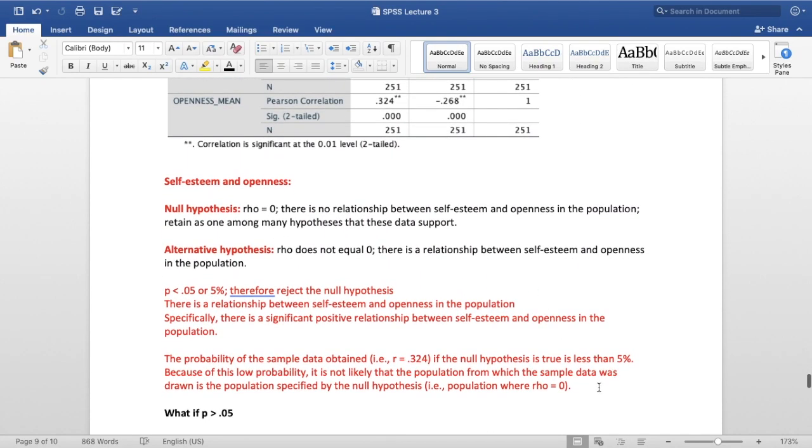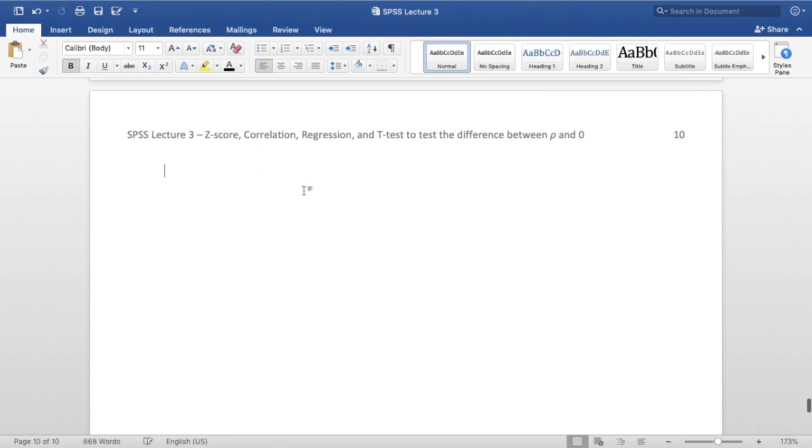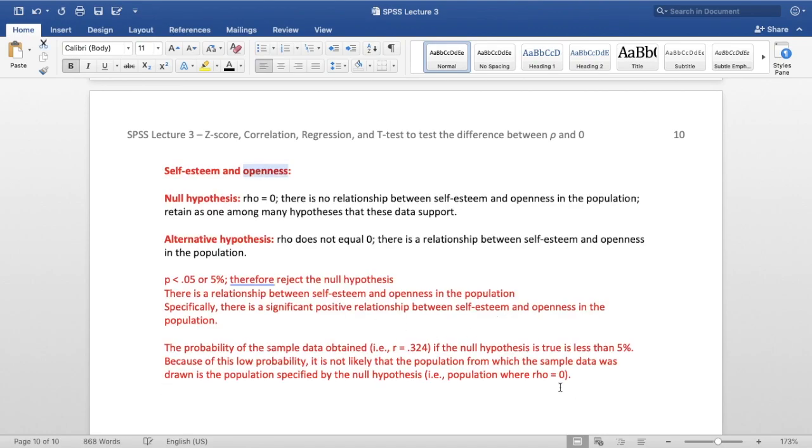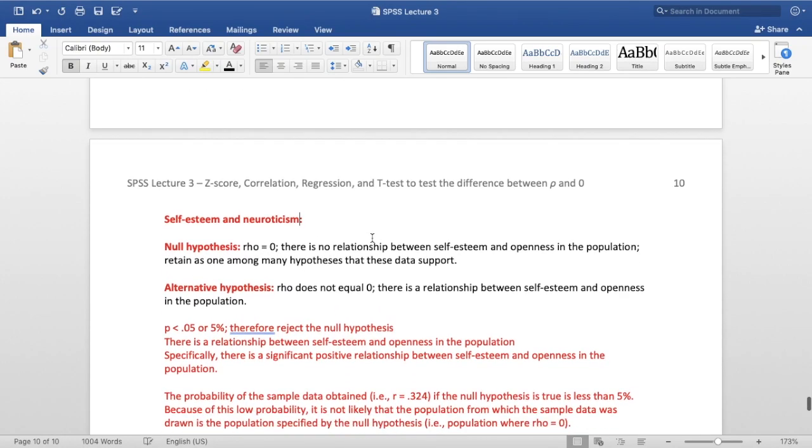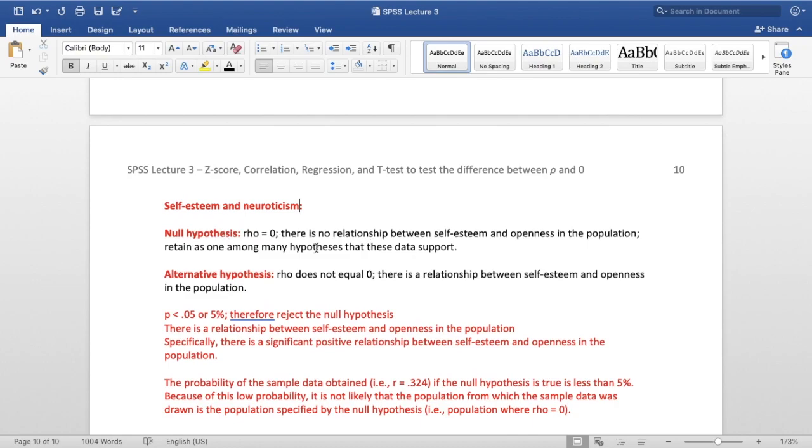So now, let's look at the relationship between self-esteem and neuroticism. Okay, so the null hypothesis is going to say rho equals 0.